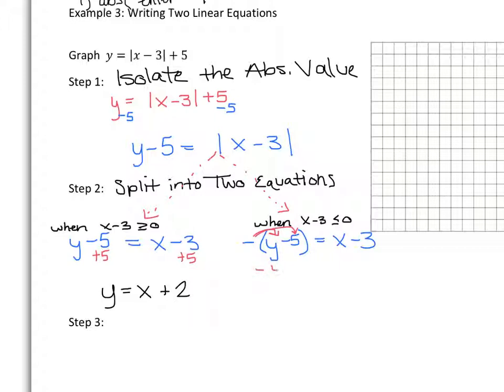So negative y plus 5 equals x minus 3. And then we need to subtract 5. So negative y equals x minus 8.